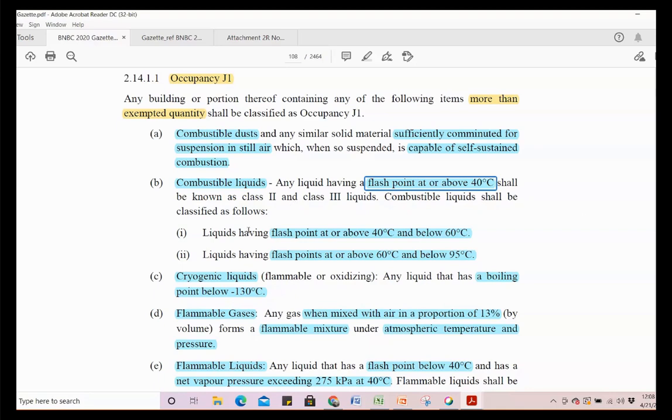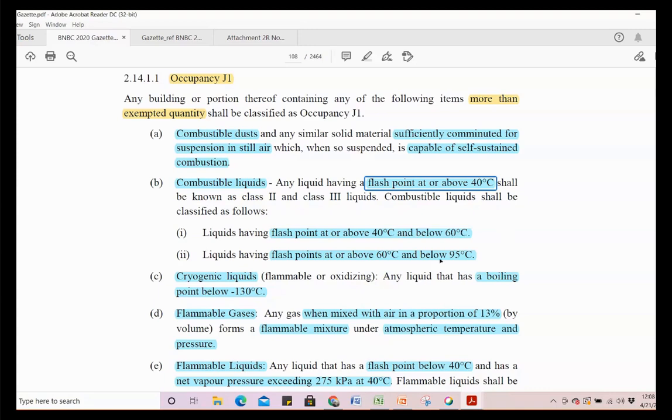Combustible liquids shall be classified as liquids having flash point at or above 40 degrees and below 60 degrees. Second, liquids having flash points at or above 60 degrees Celsius and below 95 degrees Celsius. So actually there are two types referred here.